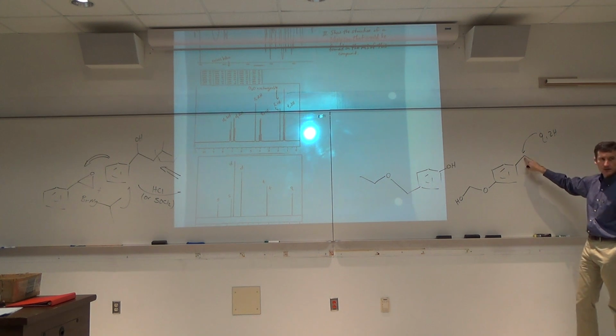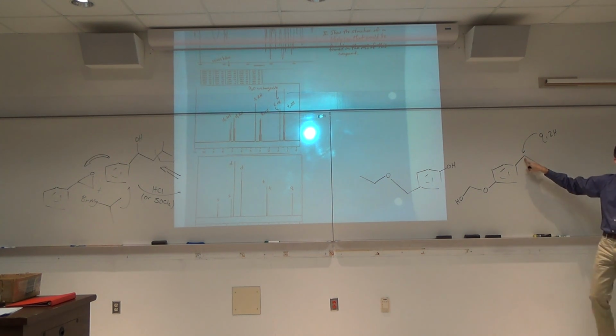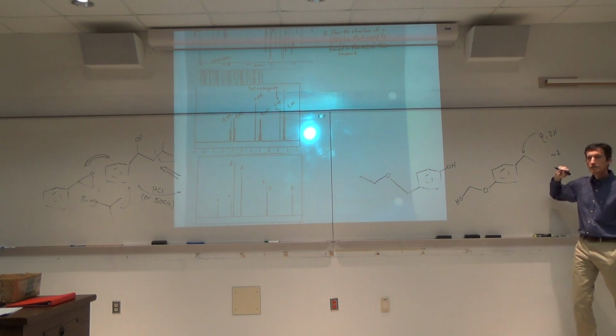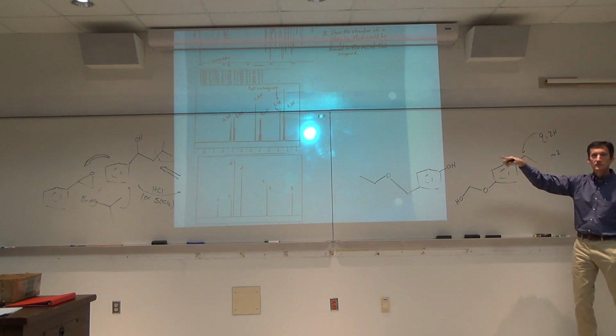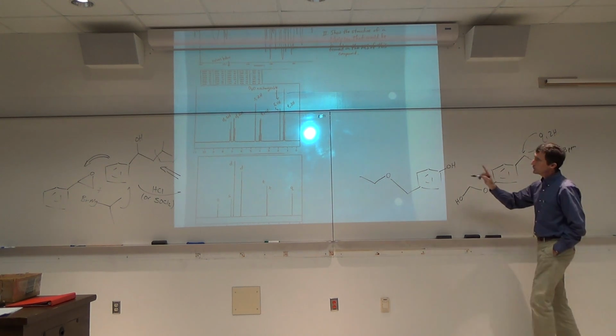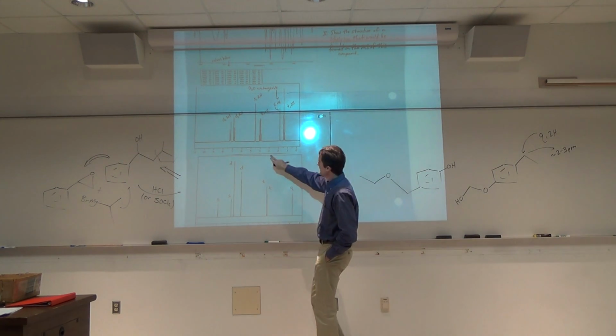Where would you expect this in the proton NMR? Peak position. Well, it'd be downfield. It's benzylic, about 2 to 3 ppm. Where's our quartet at? 4.